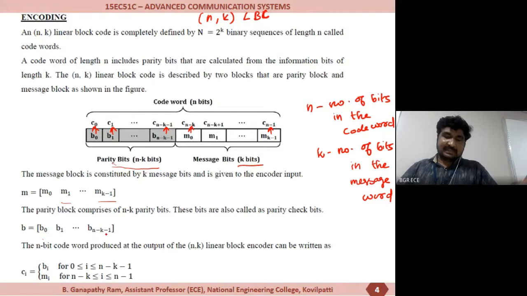And here the mapping is done in such a way that Ci is equal to Bi when i varies from 0 to n minus k minus 1, and Mi can be represented from n minus k to n minus 1.